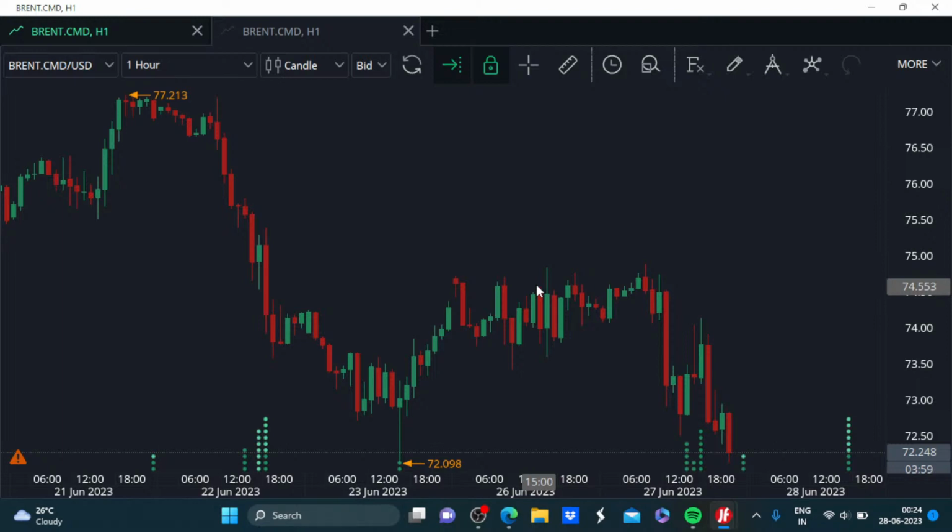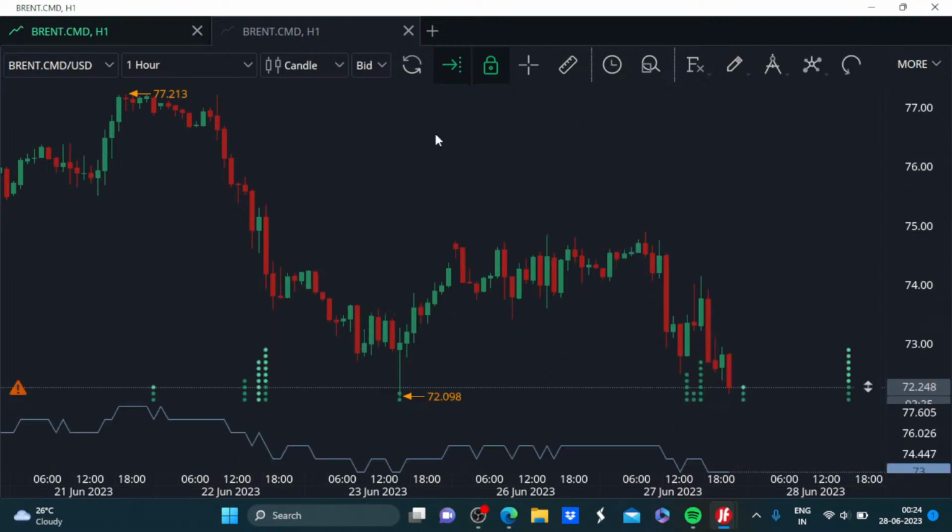Now coming to the utility of this indicator, we can add it from this quick search. All we have to do is type in vector ceiling. Here it comes.